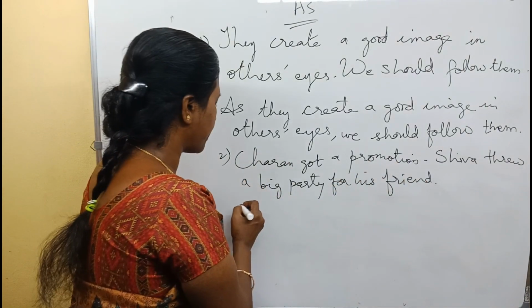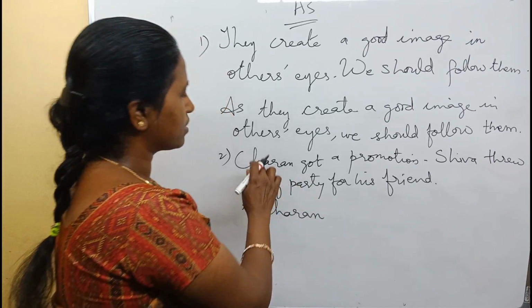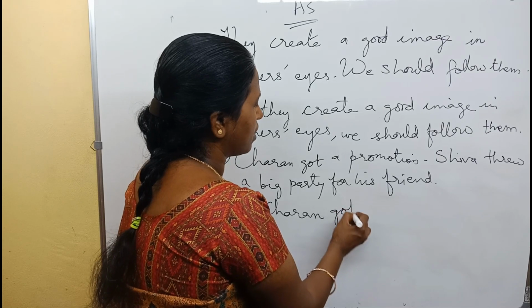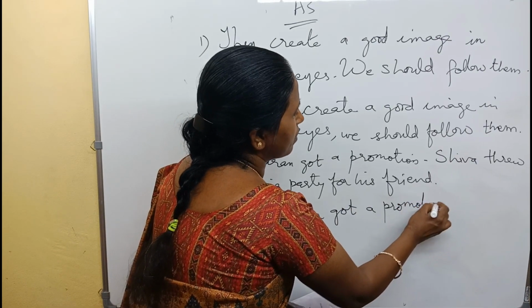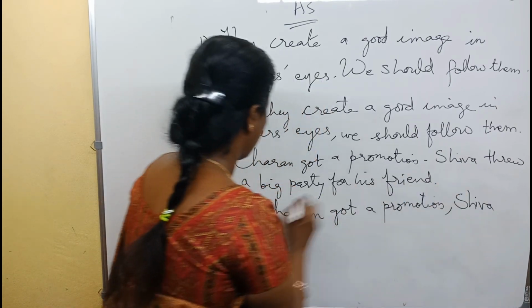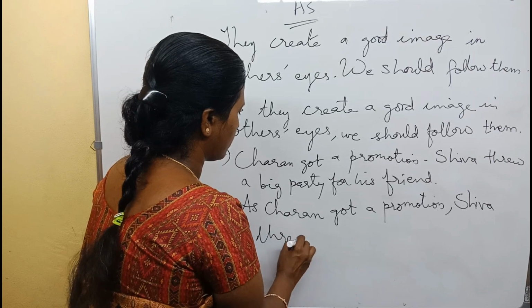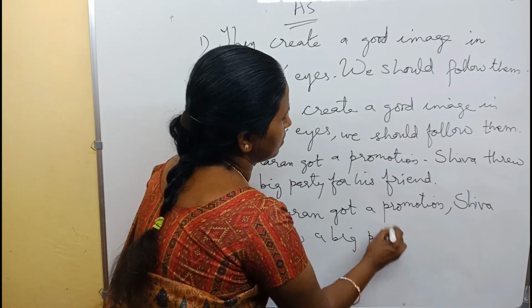So how will you write? As Charan, see capital, children, it is the name of a person. As Charan got a promotion, comma, the full stop becomes comma. Shiva threw a big party.